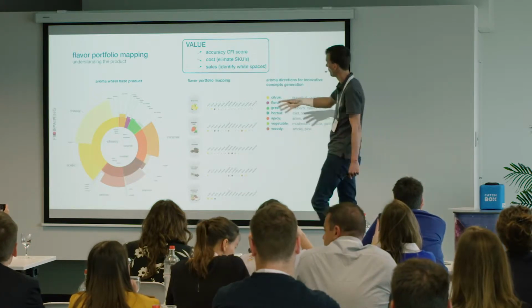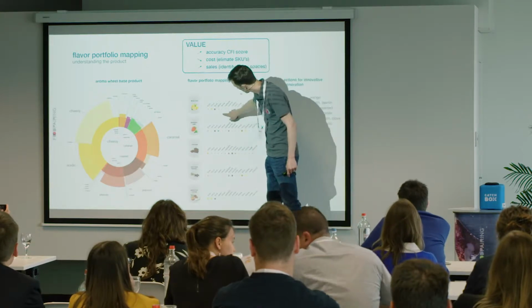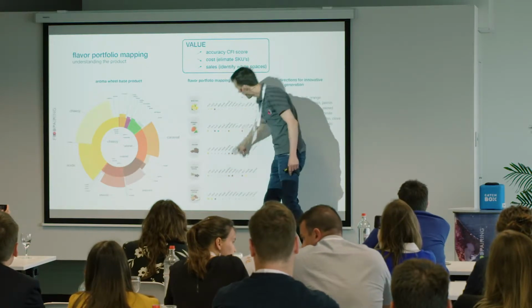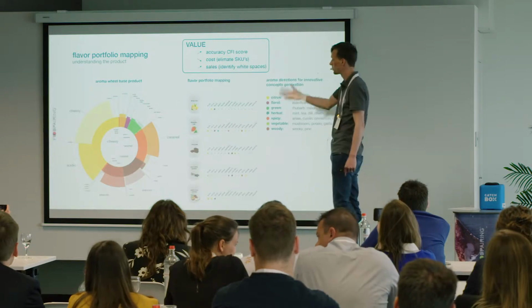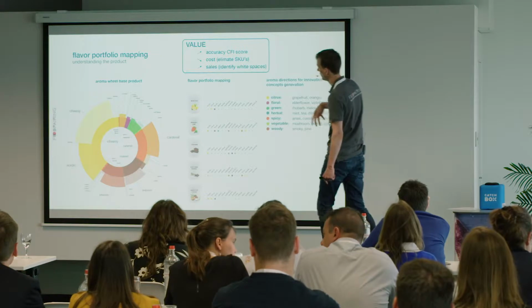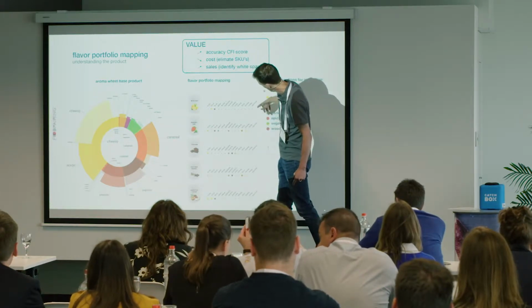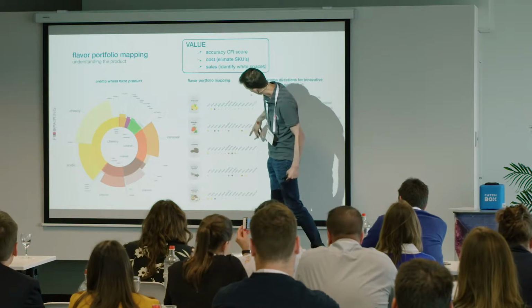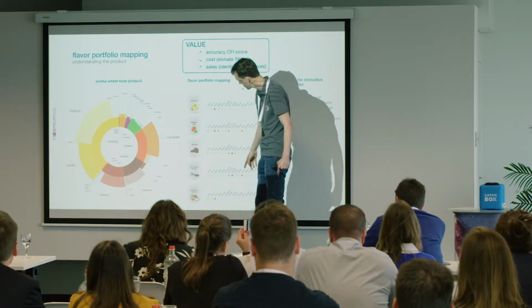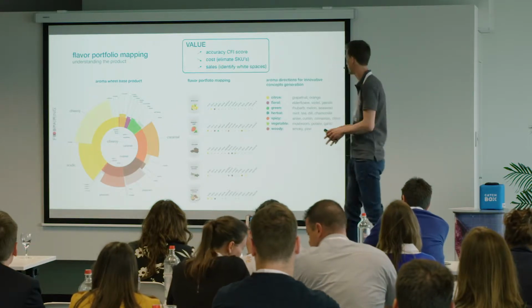For example, if we look at this ice cream, there's no product in your portfolio that has clear herbal notes. The same for woody, for example. That can help you in defining white spaces.